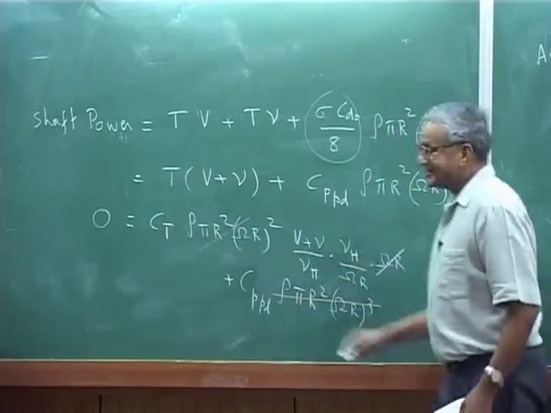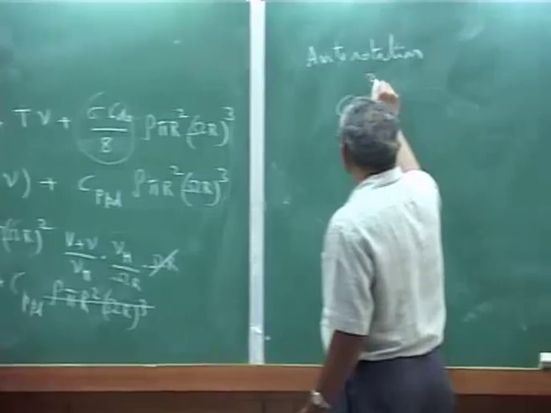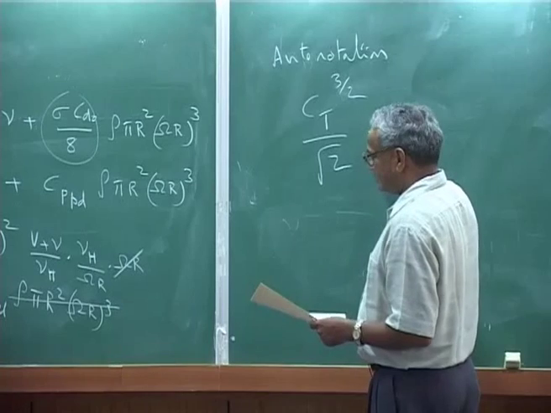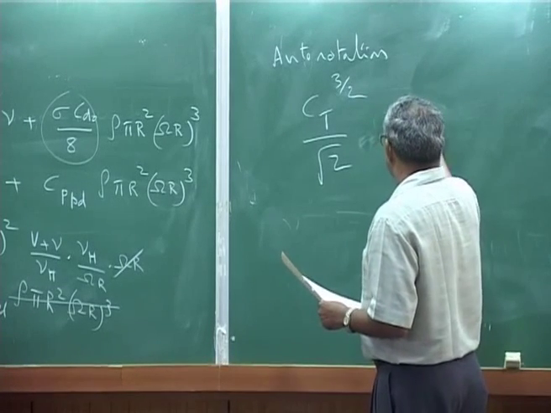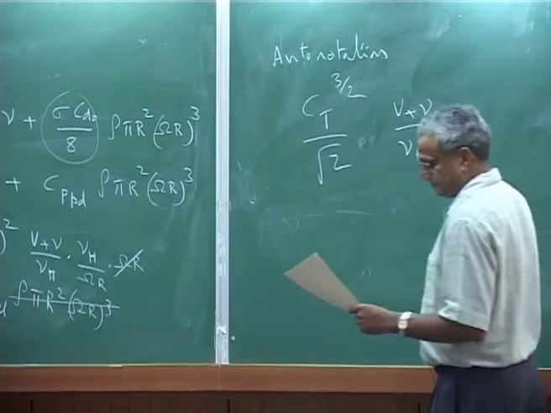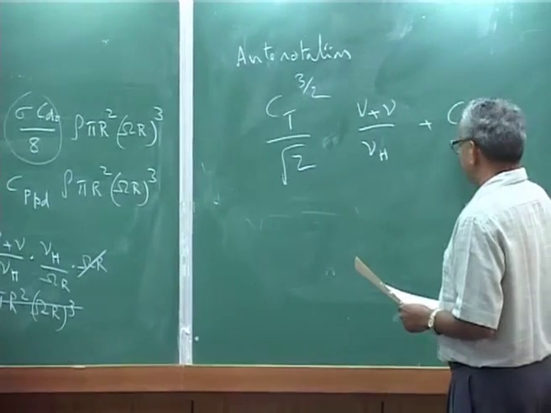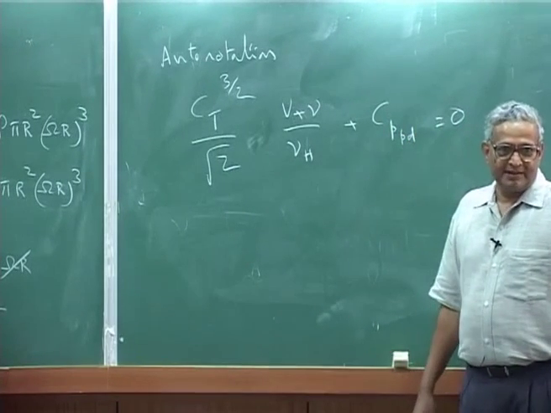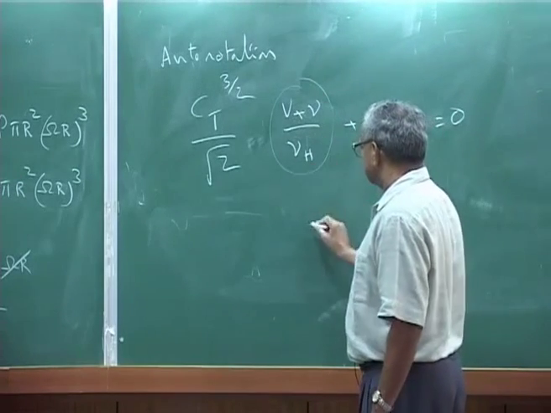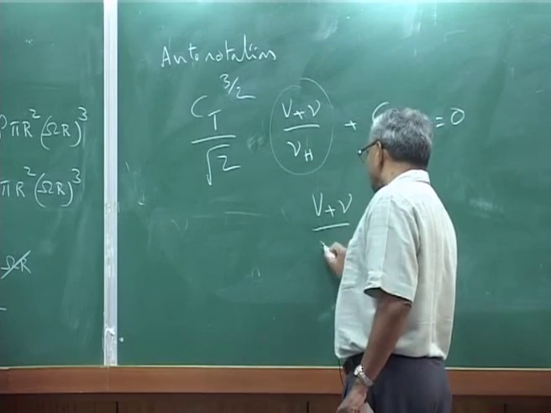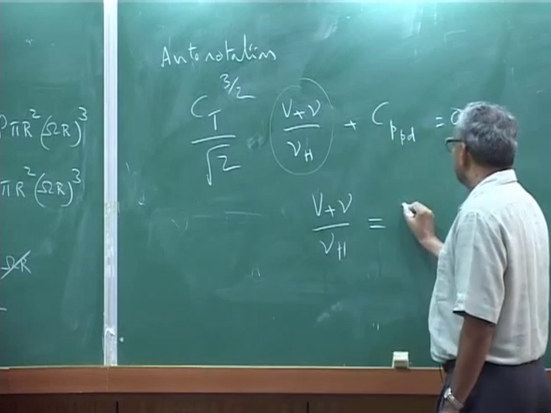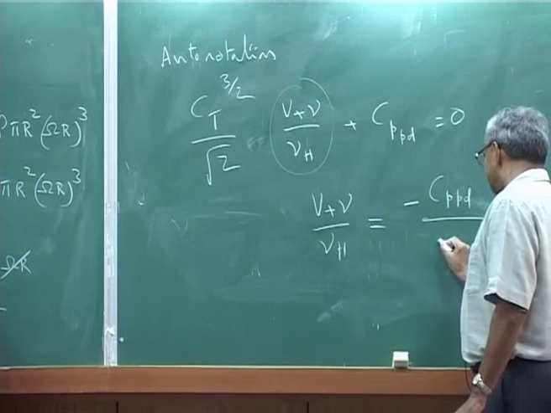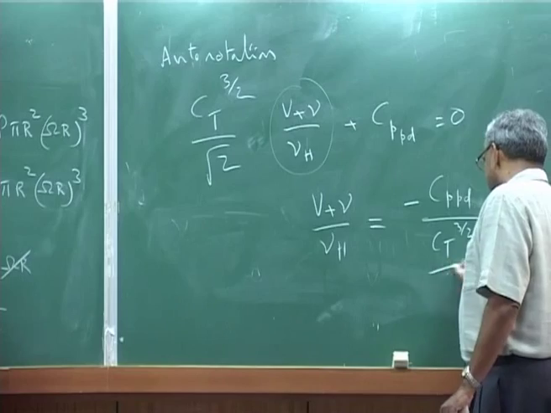So, I will get here Ct power, okay, plus sorry into, okay. That means I can V plus nu over nu h is nothing but minus Cp, this is the profile drag, whatever all the drag, Ct power 3 by 2 under root 2.